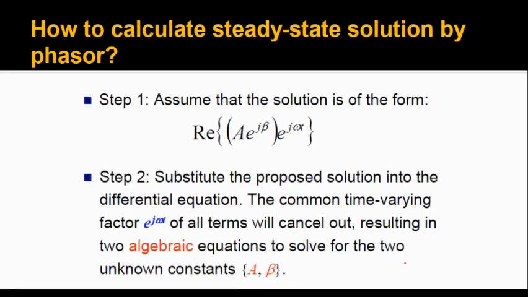Now, how to calculate the steady state solution by phasor? I think you have already seen this in chapter 3. If you want to solve a circuit with RLC components, you need to assume a solution in the form of A exponent j theta, or j omega t.